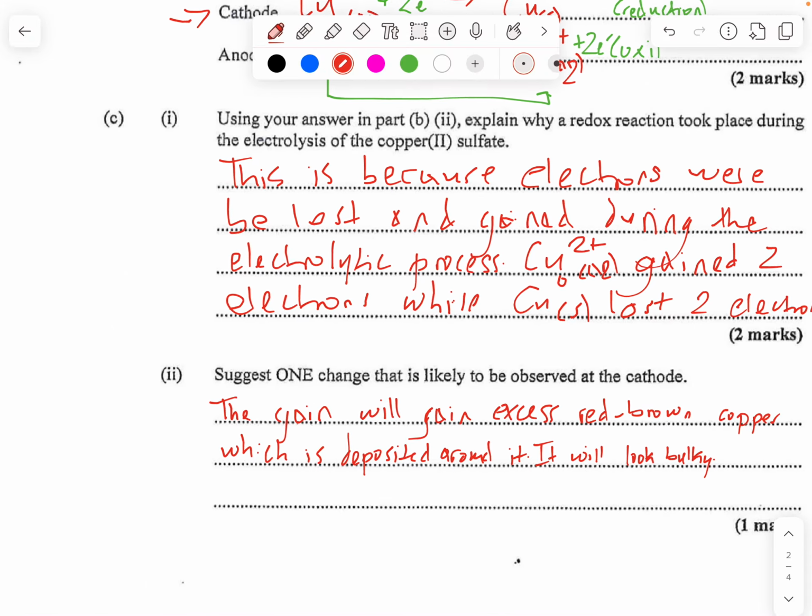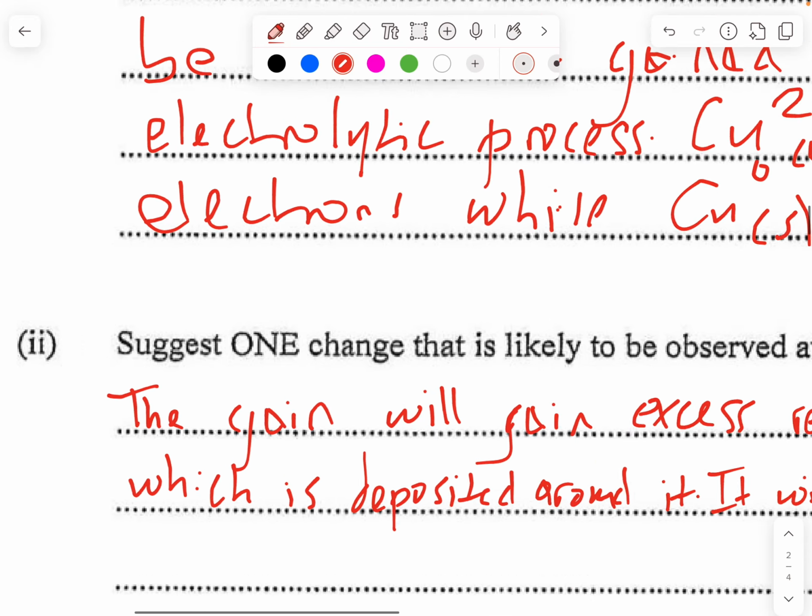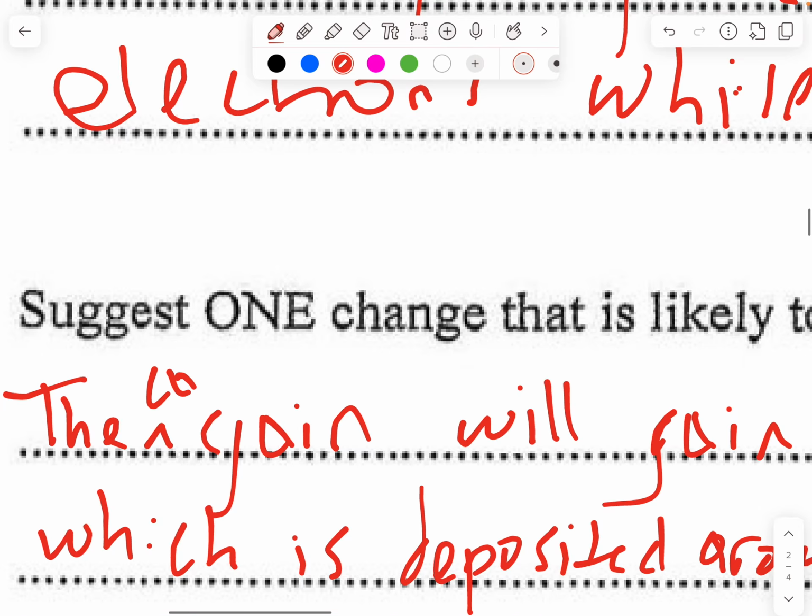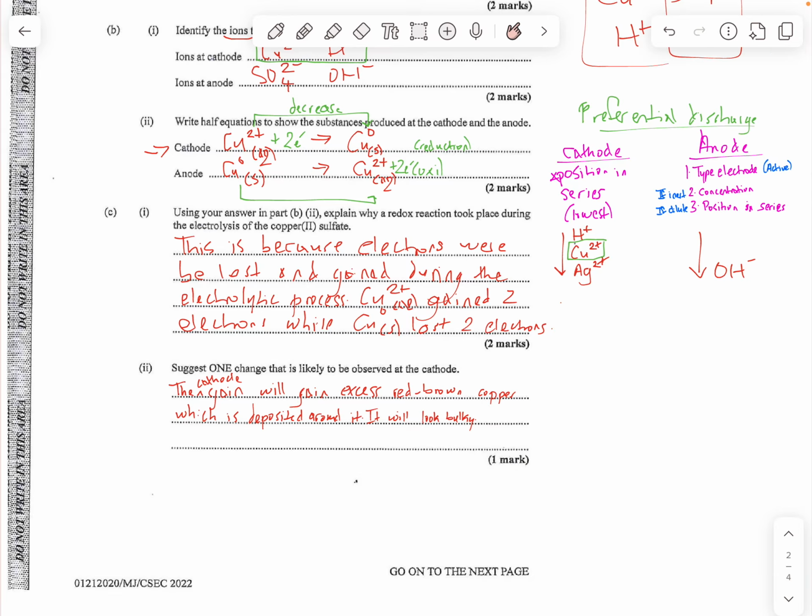Right, the cathode, let me just insert there. Nice. And now I believe we're at the last question.